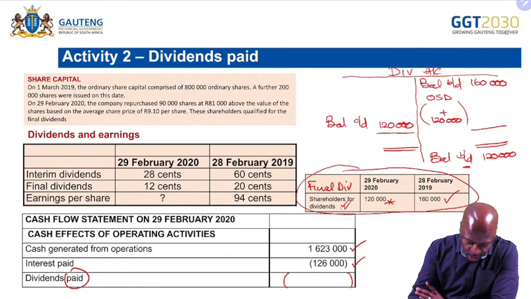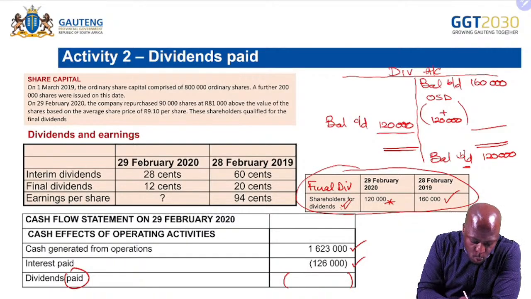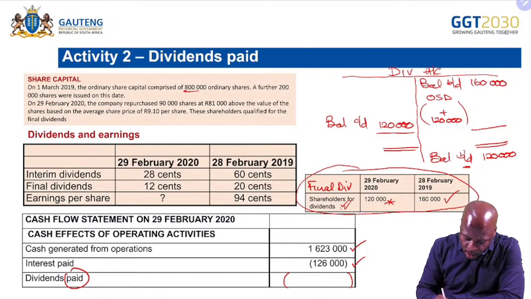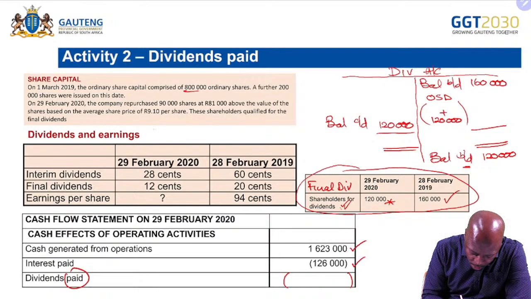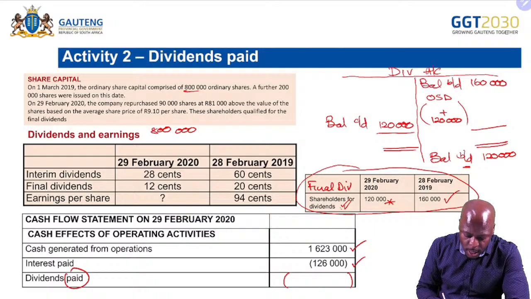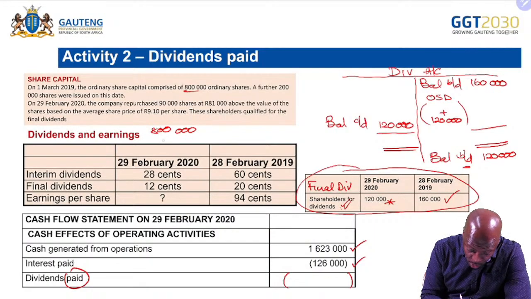Let us hear what the information says. On 1 March, the ordinary share capital comprised of 800,000. That means we had 800,000 on 1 March. And a further 200,000 shares were issued on this date. In other words, we issued 200,000 more shares. And then we had 1 million.